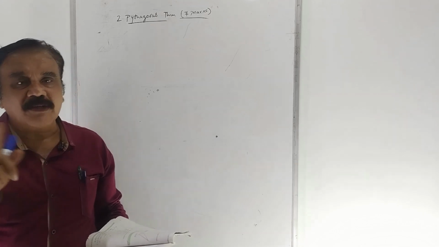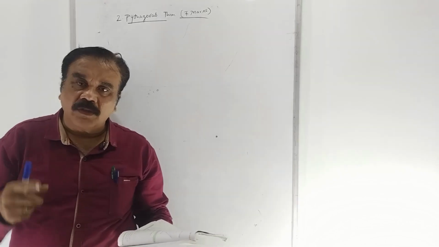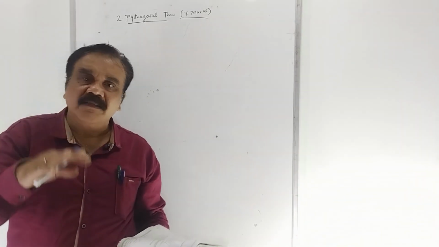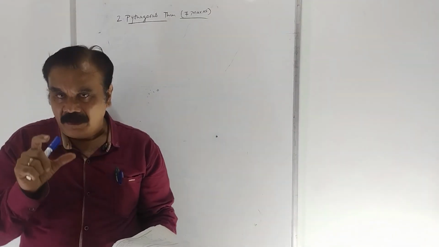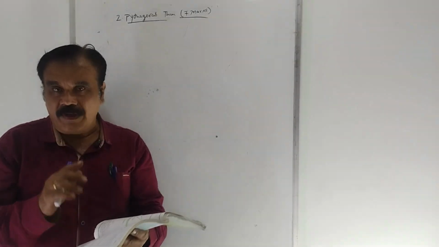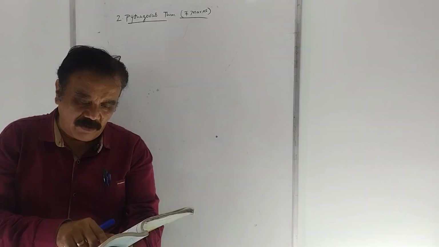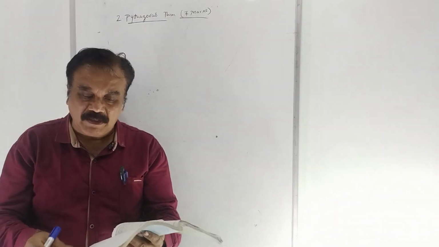So 25 plus 144 will give you 169. So therefore that is nothing but 13 square. So 5, 12 and 13 is a Pythagorean triplet. If you find that the bigger number square is not equal to the sum of the other two squares, then it is not a right angle triangle. So you have to just check whether it is a right angle triangle or whether it is a Pythagorean triplet.